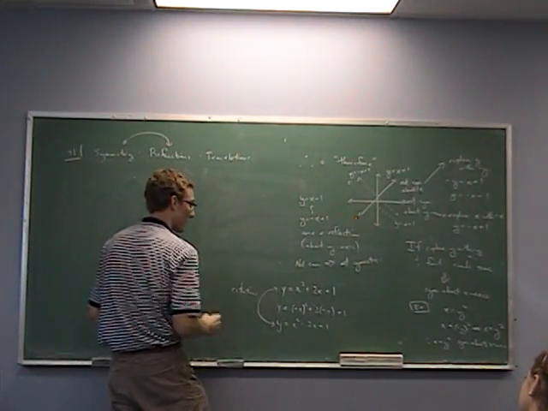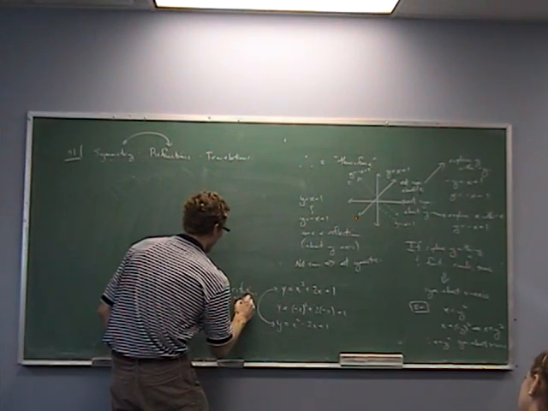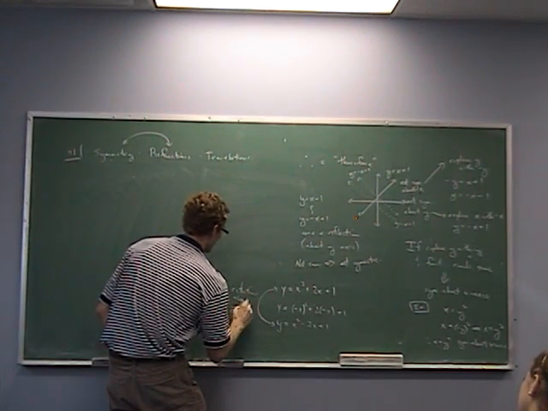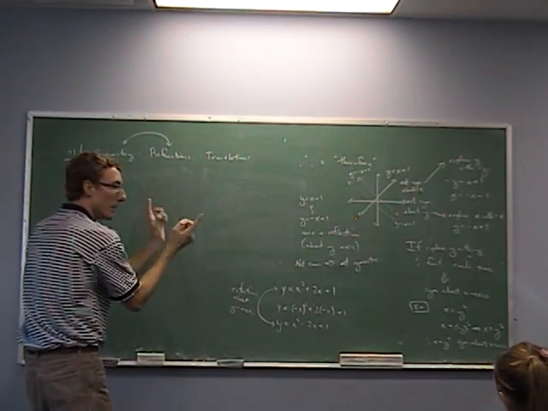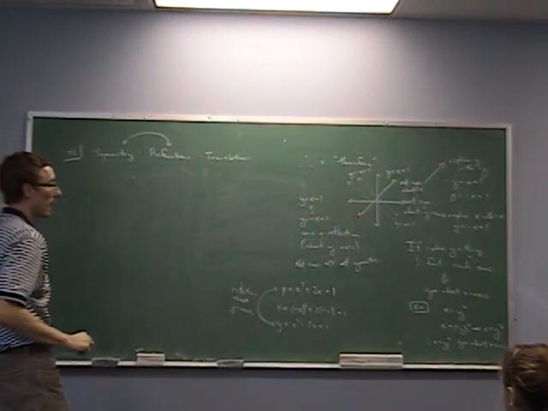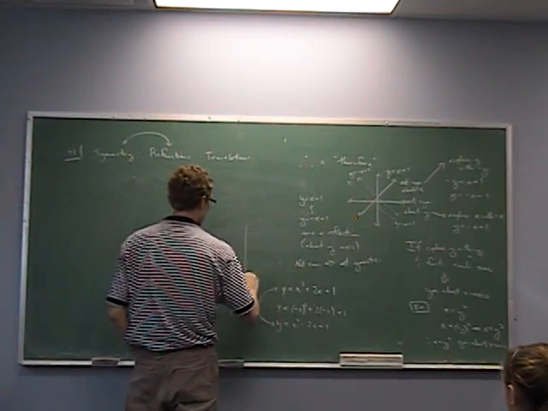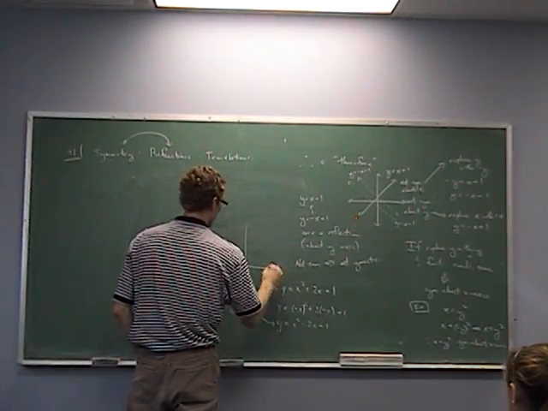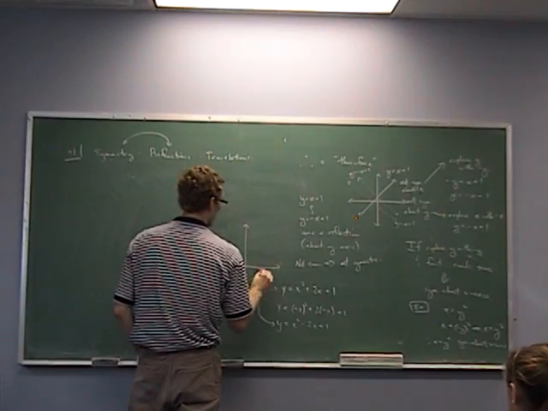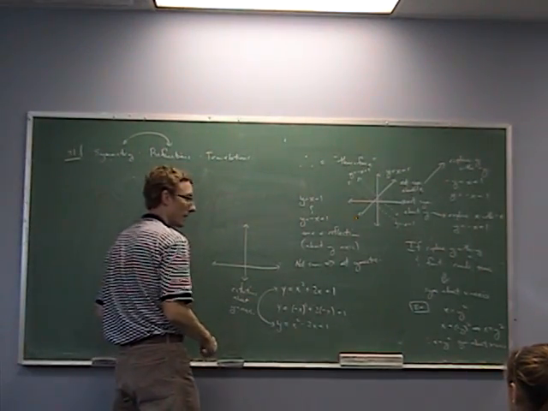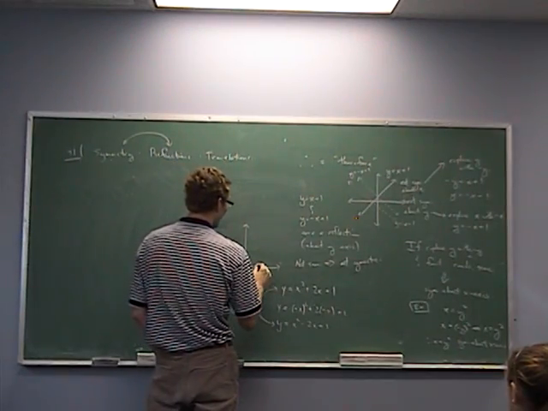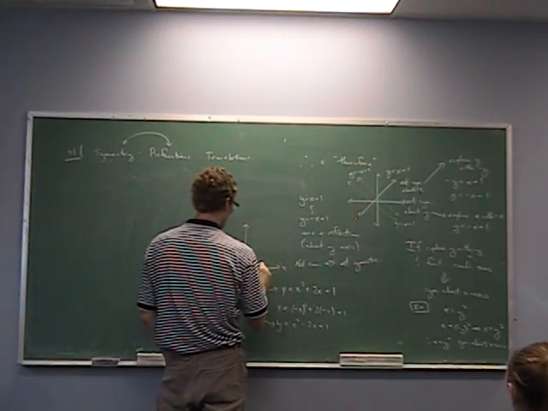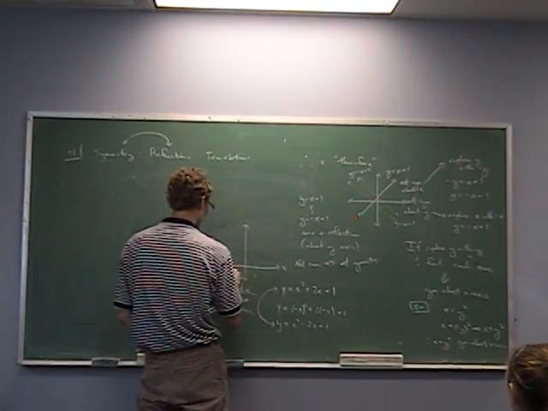And what are they reflections about? They're reflections about the y-axis. If you graph these two, I'll just show this for the sake of it, because these are easy for me to graph at this point in my life, so I will graph them for you just to show you.